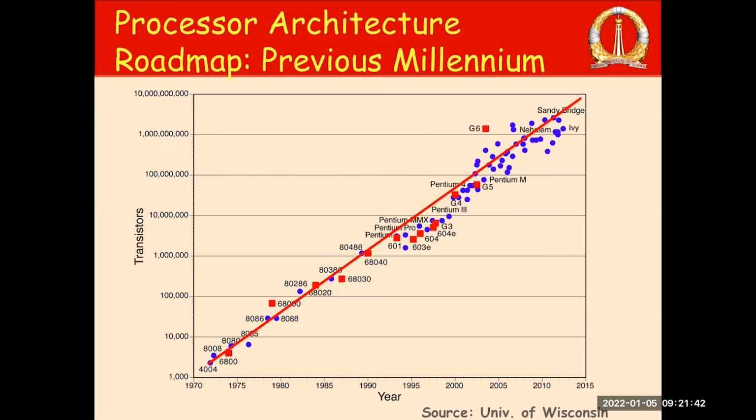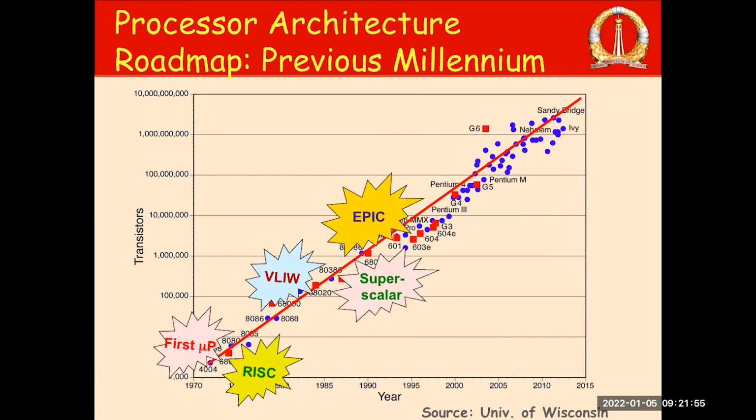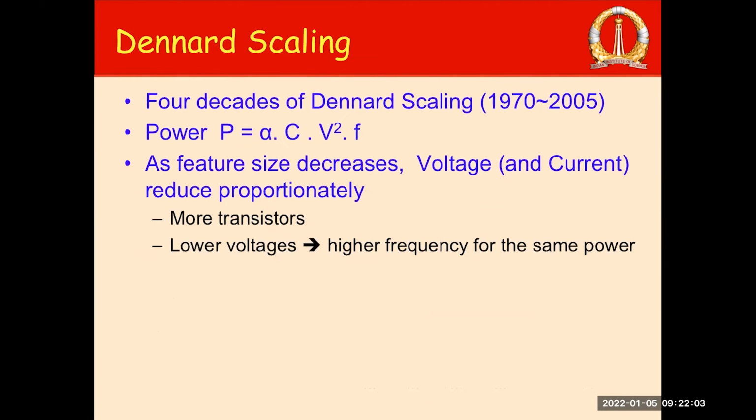With this increase in the number of transistors, computer architects have come up with intelligent techniques which can improve the performance of processors, like pipelining or instruction level parallelism and so on. One associated trend was that the transistors were becoming faster. That means the clock rate was also increasing. And this was happening because of what is called Dennard scaling.